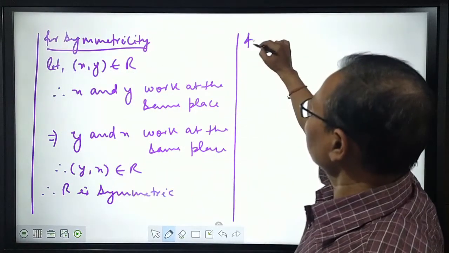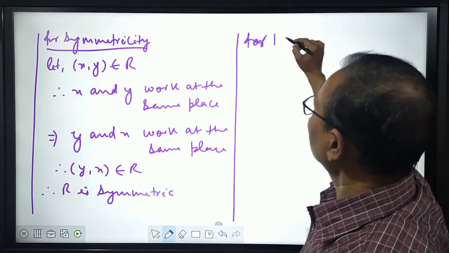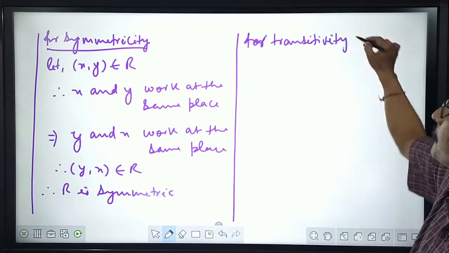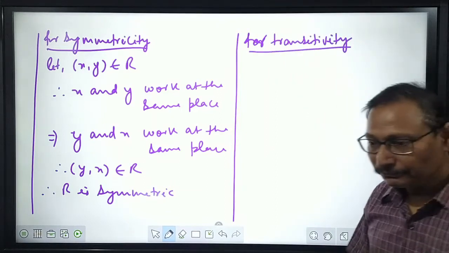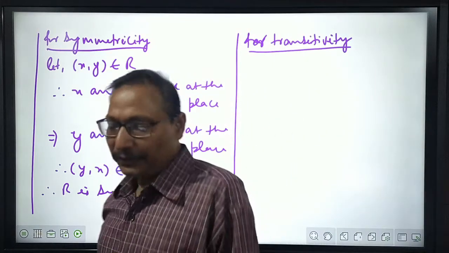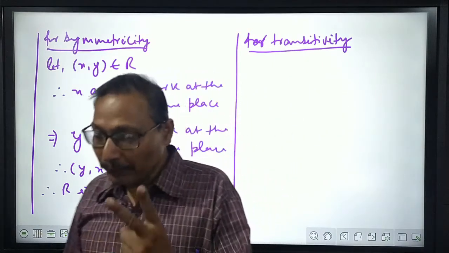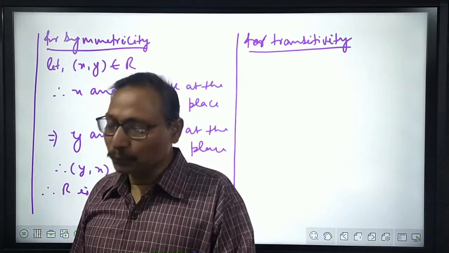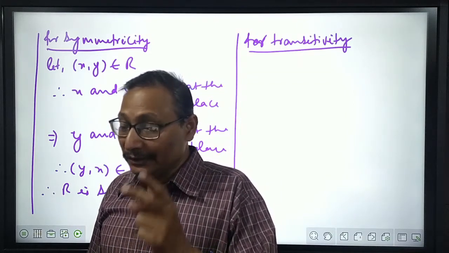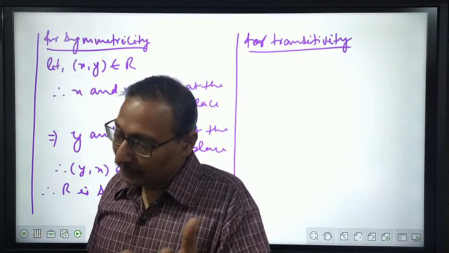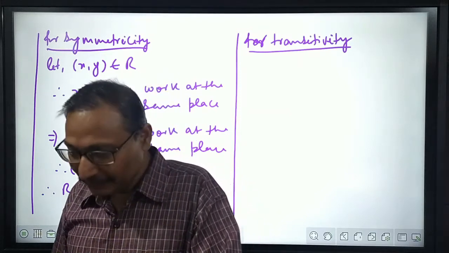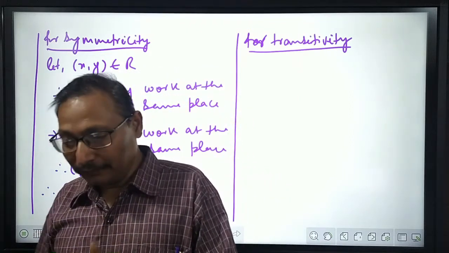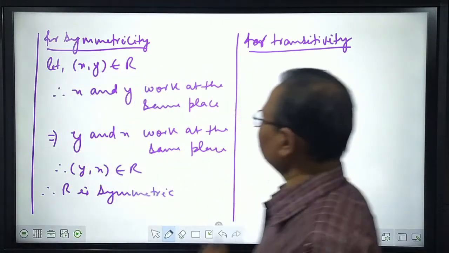And now we want to check transitivity of the relation. To check transitivity, we need to take two pairs from the given relation. Not only two pairs, but such two pairs in which the second element of the first pair must be the first element of the second pair, and only after that we will check transitivity. So firstly we will pick such two pairs from the given relation.